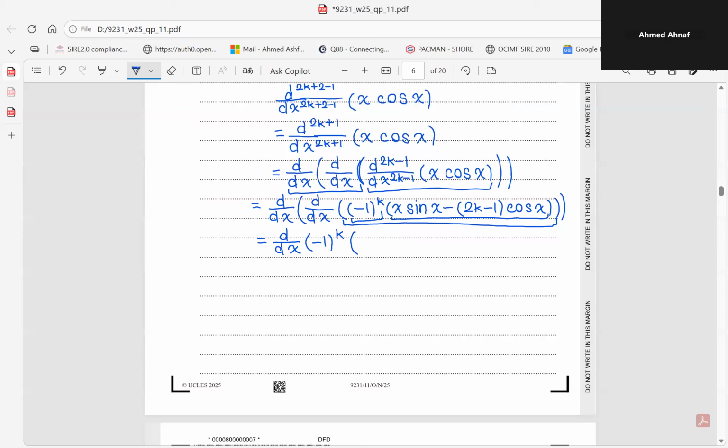Now just differentiate this. So x sine x, differentiating that, let me bracket this.